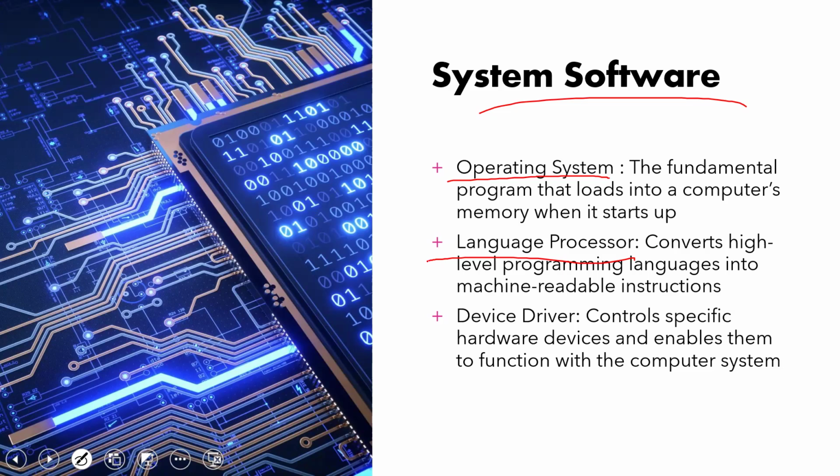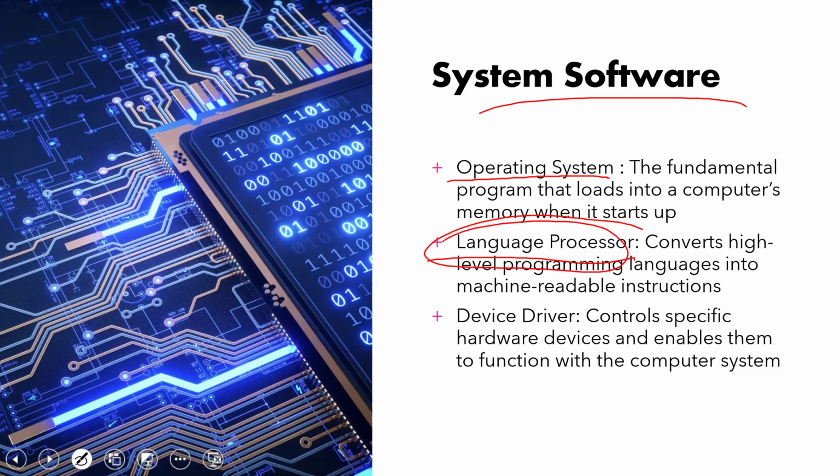Now, we're looking at the system software. Another type of software is called the application software, which we are going to see very soon. Now, in the application software, the programmer uses high-level language in order to write instructions to the system. So the language processor here that we're talking about actually converts these high-level programming languages into machine-readable instructions.